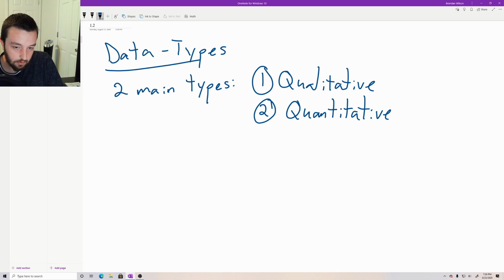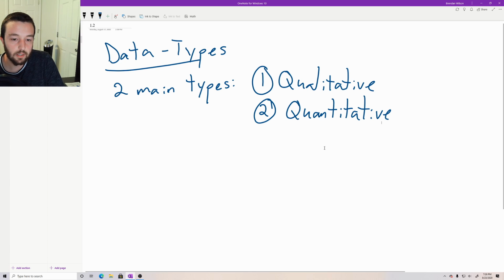Like I said, we're going to be mostly focused on quantitative in this class. Quantitative is the data that's more focused on numbers, the numerical side of things. Whereas qualitative data would be more focused on characteristics, or things that you can't really represent as numbers.